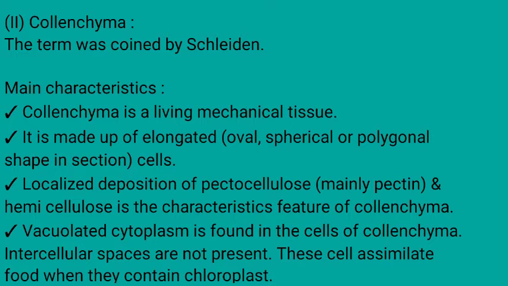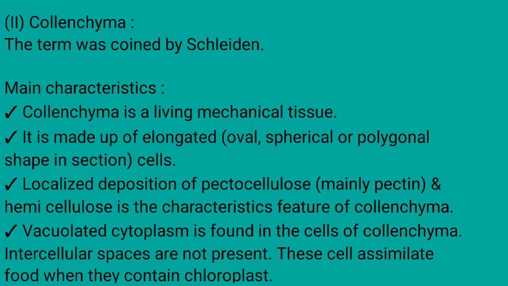It is made up of elongated cells which may be oval, spherical or polygonal in shape in section. Localized deposition of pectocellulose, mainly pectin, and hemicellulose is the characteristic feature of collenchyma.